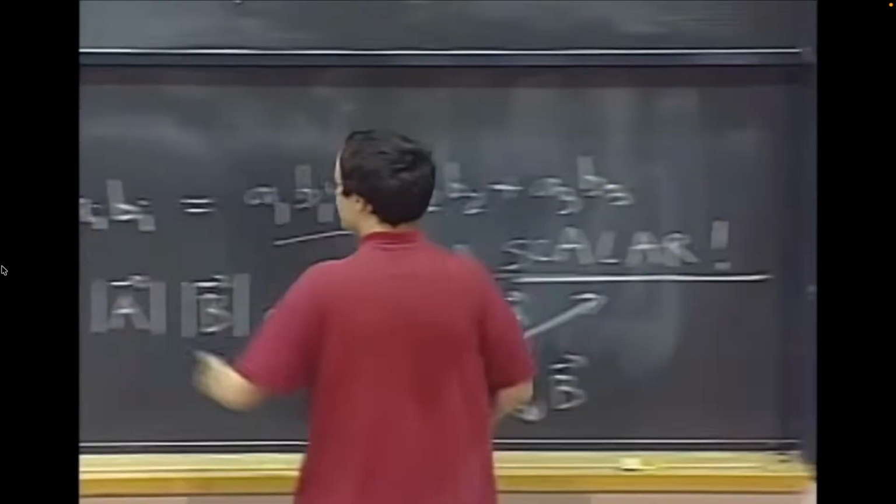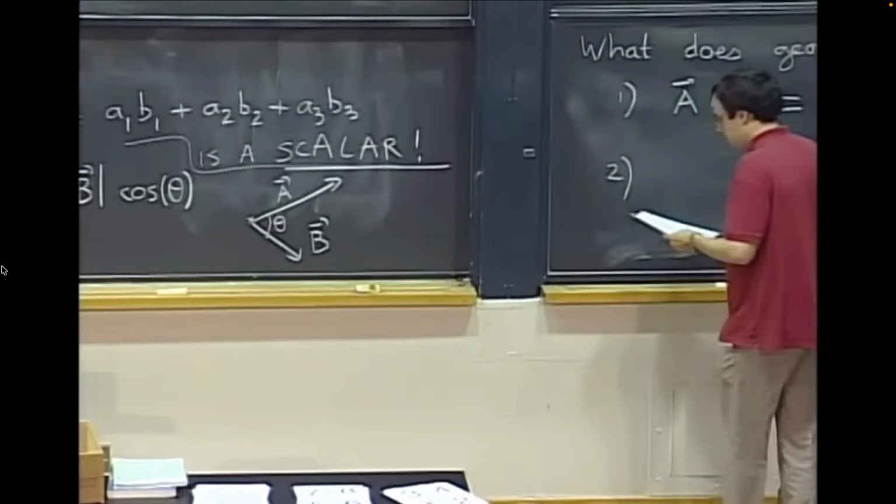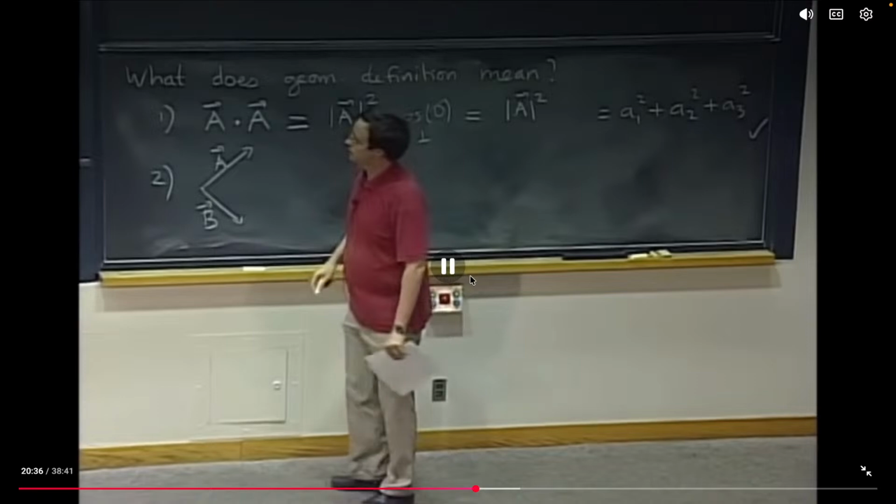Okay? Now, what about two different vectors? Can we understand what this says and how it relates to that? So let's say that I have two different vectors, A and B. And I want to try to understand what's going on.